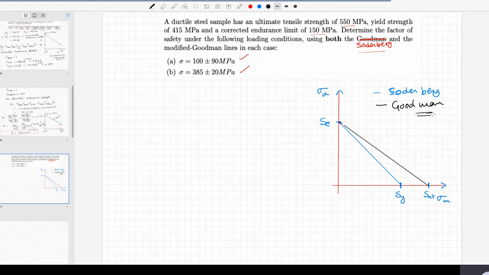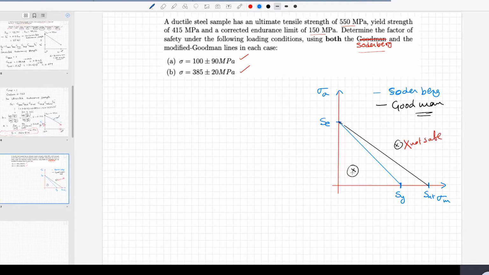That means if any stress state is within this domain, suppose the combination of mean stress and stress amplitude is somewhere here, this is safe because it is within the failure domain. If the stress state is outside that, then it is not safe.